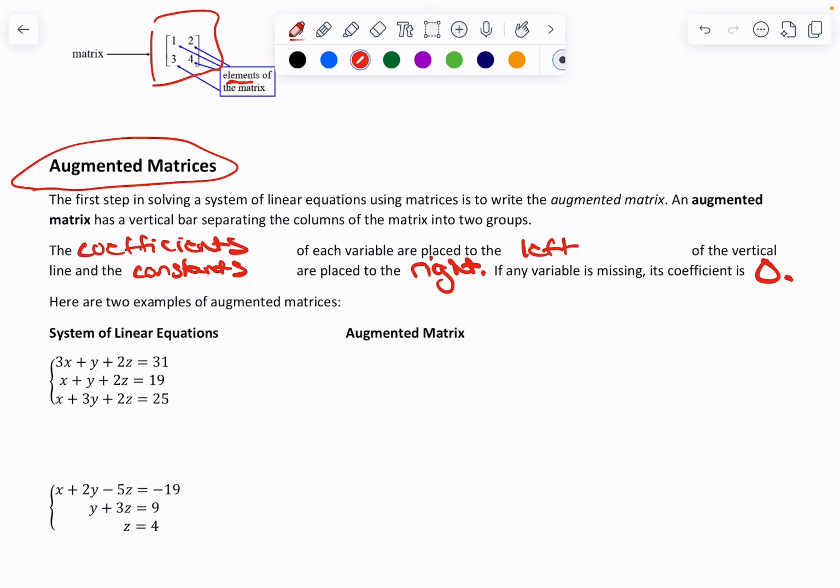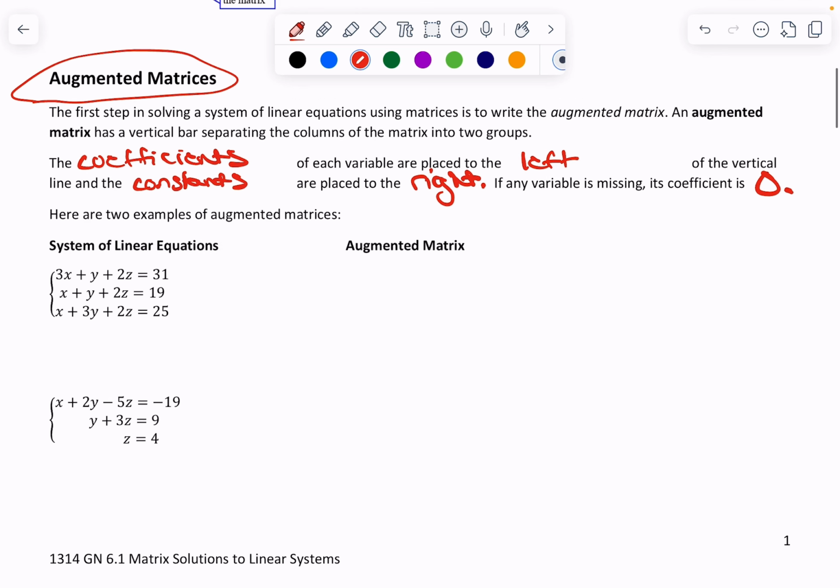So let's look at two examples of augmented matrices. In our first system of linear equations, we've got x, y, and z. When we're writing the augmented matrix, our first column is for the coefficients of x. The second column is for the coefficients of y, and the third column is for the coefficients of z.